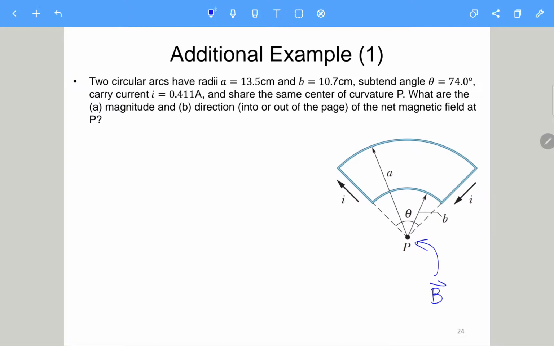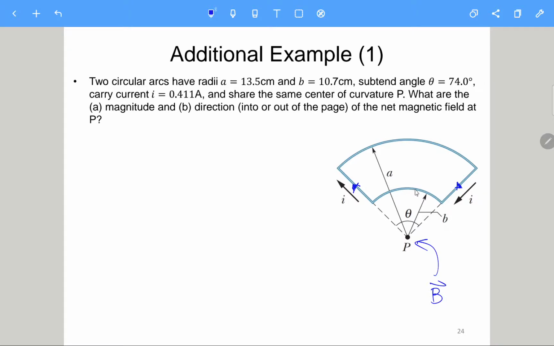Okay, so we consider the simple part first. This straight line is collinear with point P, which means that this segment will not generate any B field at point P. Likewise, point P is actually on the extension line for this segment, so this segment will not generate a B field at point P either.